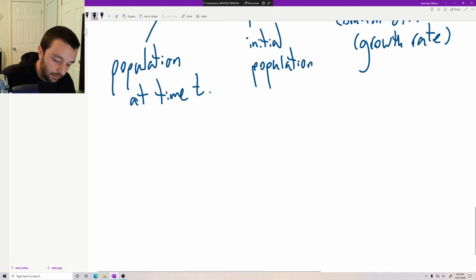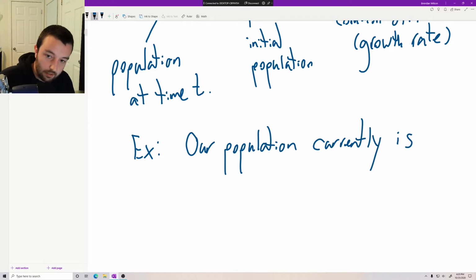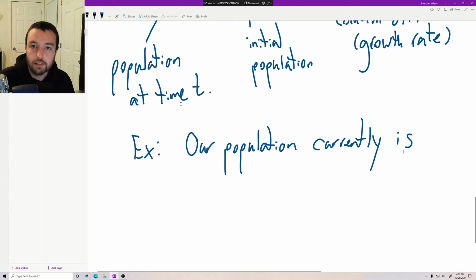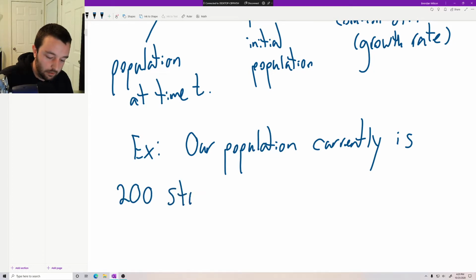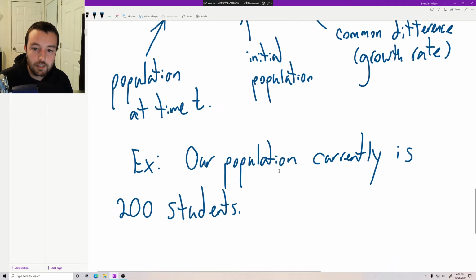So for example, let's just use here at Simmons as an example. Let's say our population currently is 200 students. So our population at Simmons is 200 students. I don't know the exact number, but let's say it's 200 students.